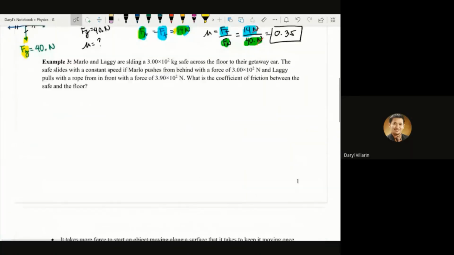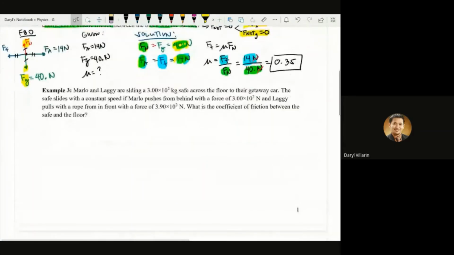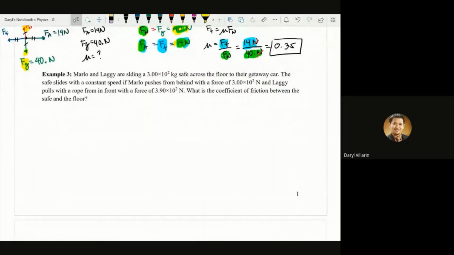Okay, let's take example number 3. So Marlo and Laggy are sliding a 3 times 10 to the power of 2 kilogram safe across the floor to their getaway car. The safe slides with a constant speed.